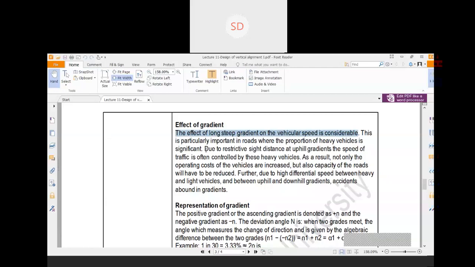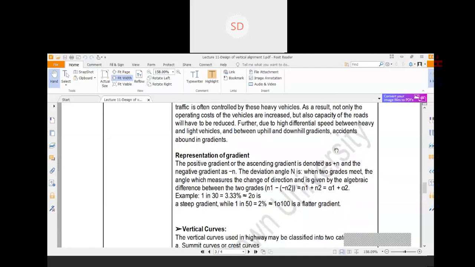As a result, not only is the operating cost of vehicles increased, but the capacity of the road is also reduced. And due to the high differential speed between heavy and light vehicles, and between uphill and downhill gradients, accidents may happen. These effects of gradient are very prominent in hilly areas.